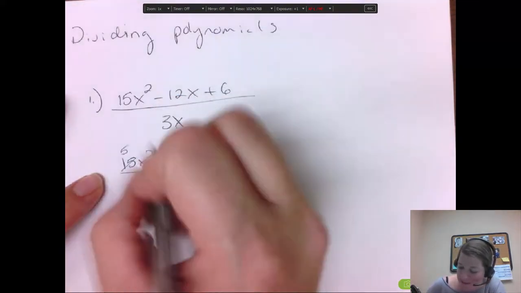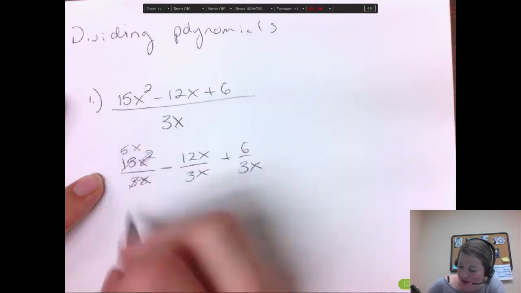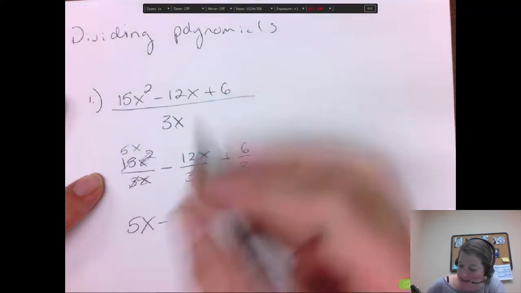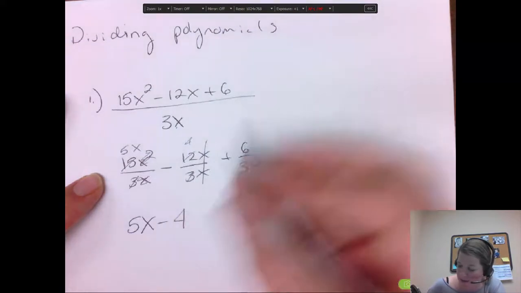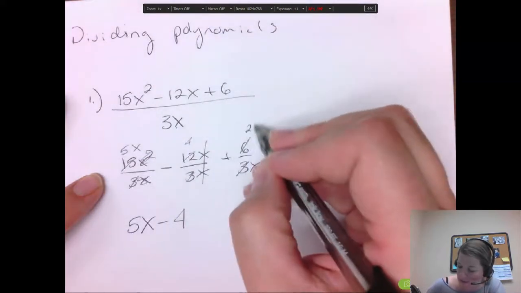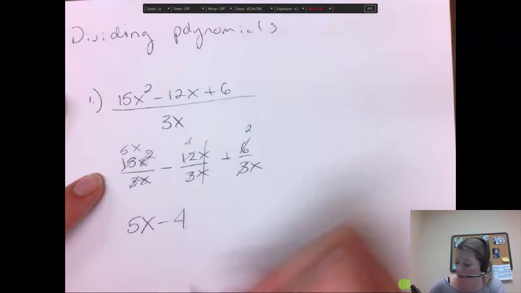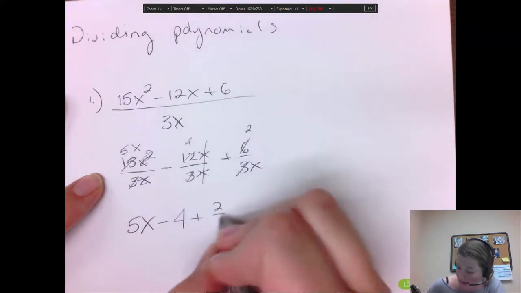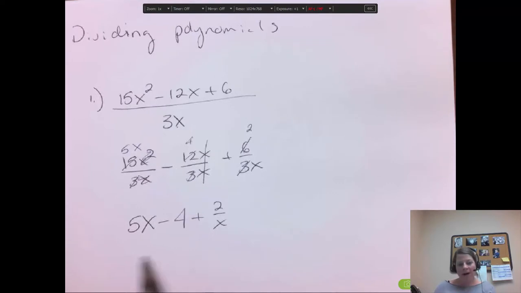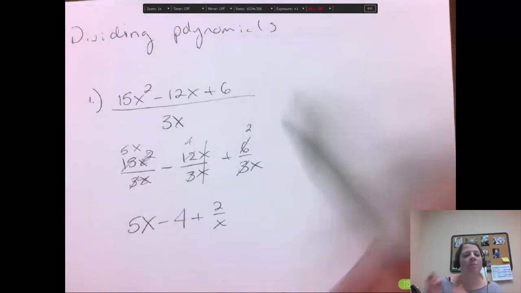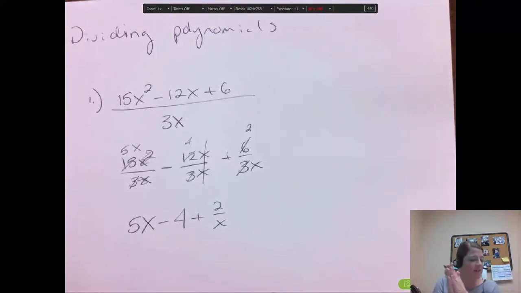One of these x's will cancel with one of these, so I'm left with 5x, minus 3 goes into 12 4 times. The x's cancel, so I have a 4. 3 goes into 6, leaving a 2, and the x has nothing to cancel with, so we're going to have plus 2 over x. You've got to keep that x in the denominator. You could still have fractions, but that's reduced, and it's sure prettier than up here. So you can break up that 3x over every single term.